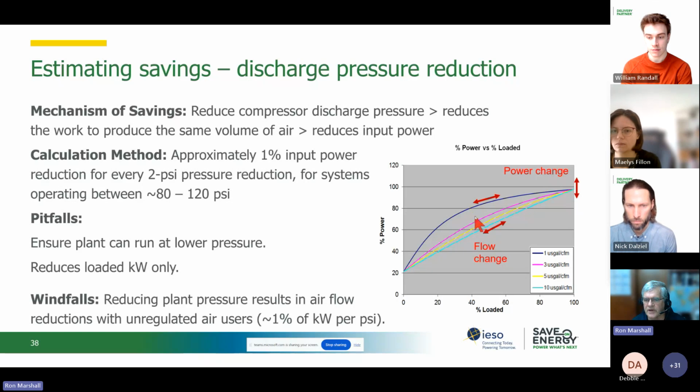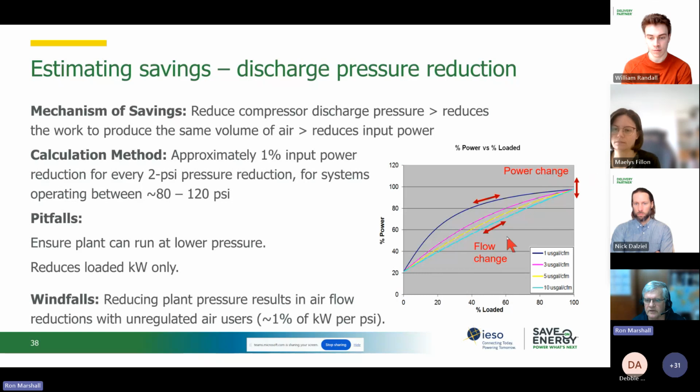And these curves represent the average kilowatts or percentage kilowatts for various loading conditions, right? If it's a load unload compressor, it's jumping from 100% down to 0, 100%, 0. And if we plot it out at 40% with small storage, the average power will be here. 40% with large storage, the average power would be here.